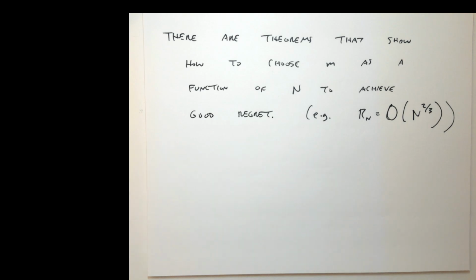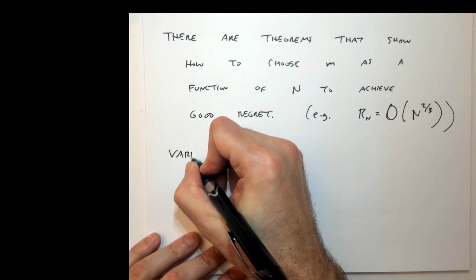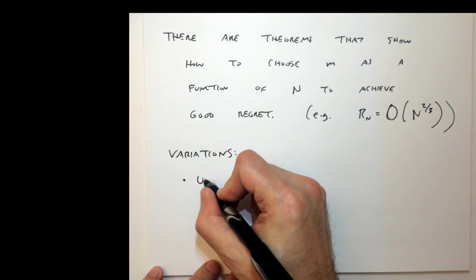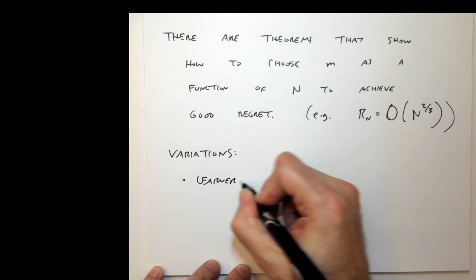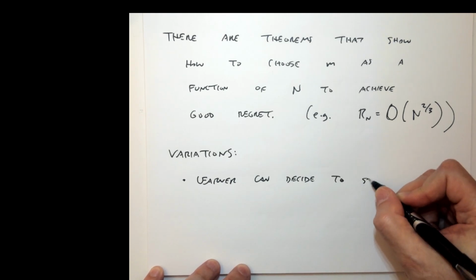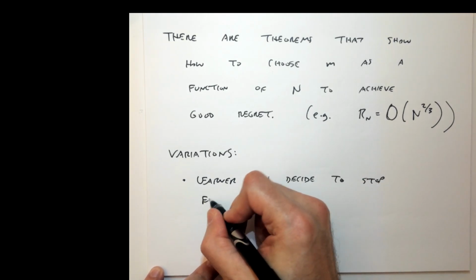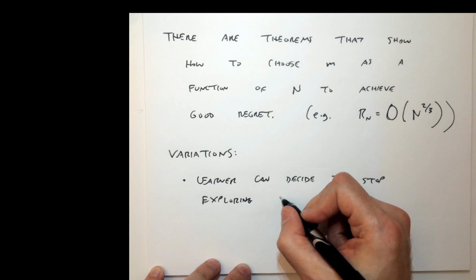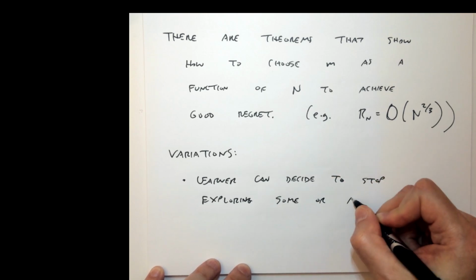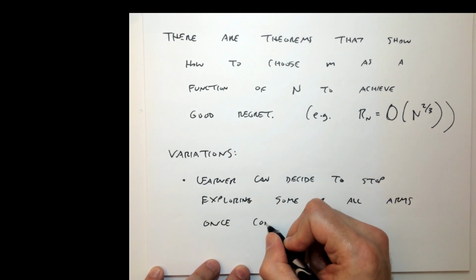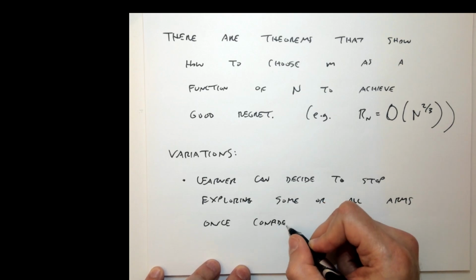But you can imagine variations on this where you could stop early. So let's just say that variations on this theme are, the learner can decide to stop exploring some or all of the arms once it's confident enough.